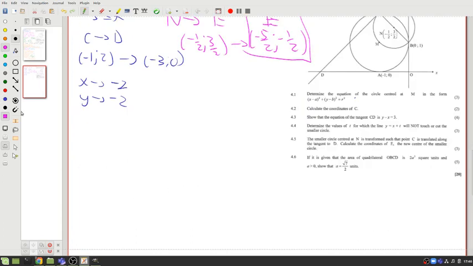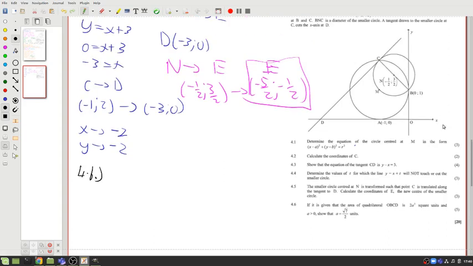And finally, question 4.6. I know it's been quite a ride so far, especially that question 4.4. 4.6. If it is given that the area of quadrilateral OBCD is 2a squared, so OBCD, so that's this whole shape, that whole shape.